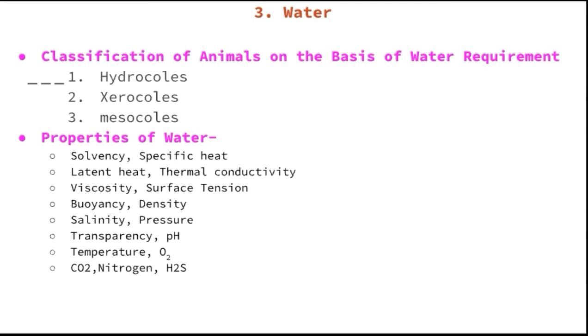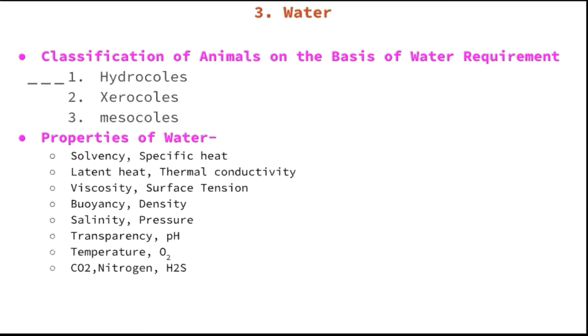Next, the third, is the latent heat. Latent heat is the quantity of heat required to change a substance from the solid state to the liquid state, or from the liquid state to the gaseous state.